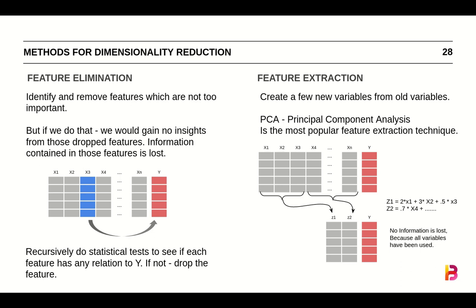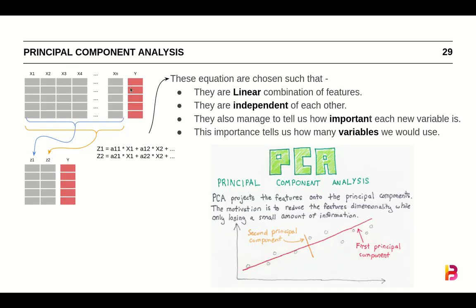One of the most popular methods used in feature extraction is a mathematical method called principal component analysis. Let's understand how principal component analysis works. Let's take the same data set, but instead of just taking some features and squeezing them together, it takes all the features and puts them in some linear combination and arrives at one feature.